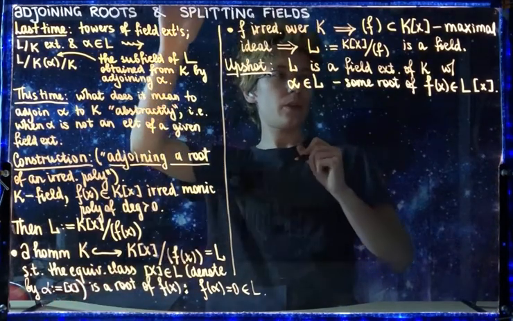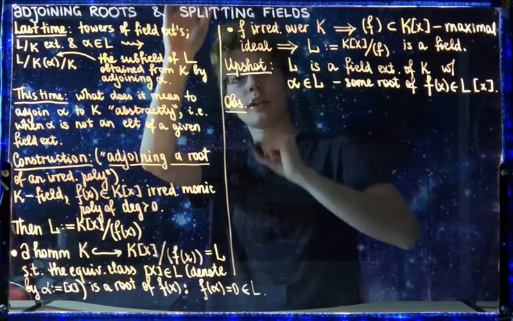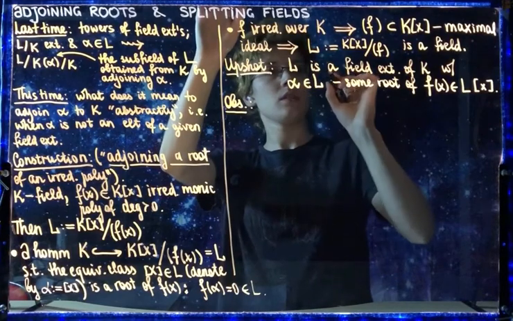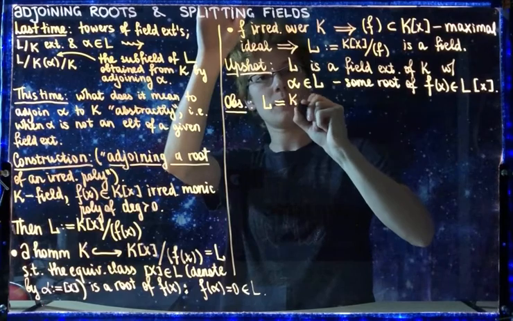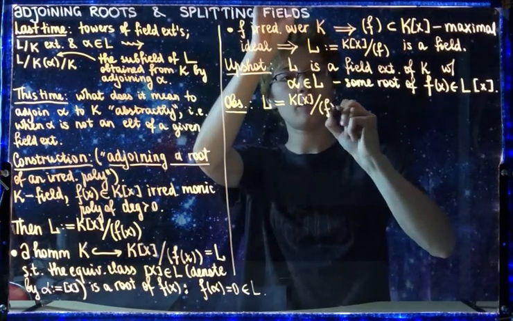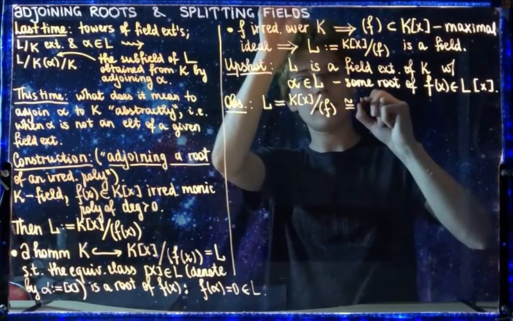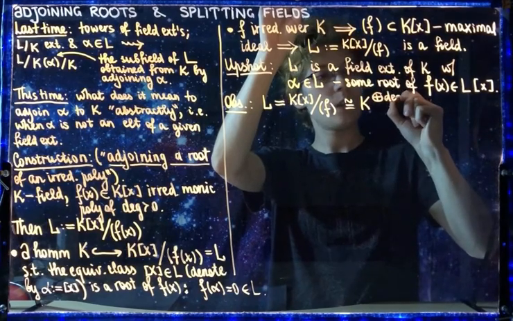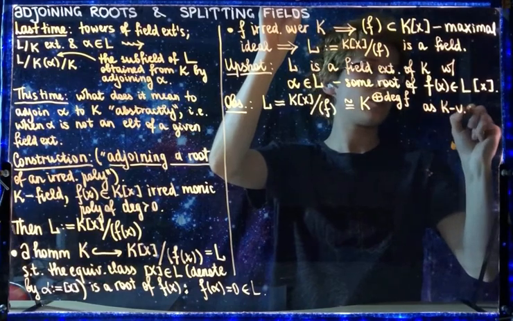And there are some other observations that we can make immediately. So first, L, which was defined as this quotient of the ring of polynomials by a monic polynomial, is isomorphic as a K vector space to K taken with itself degree f times.